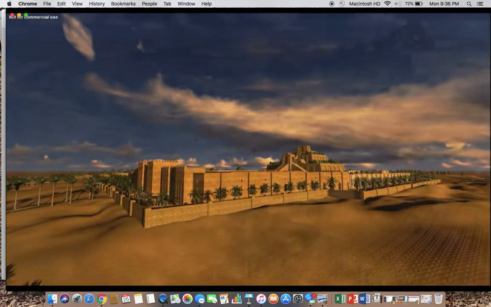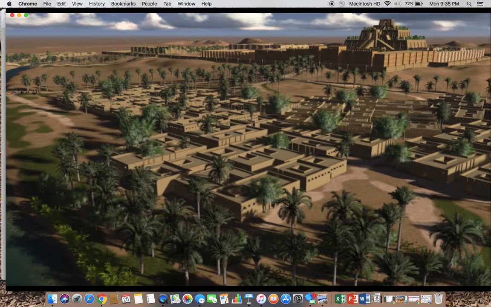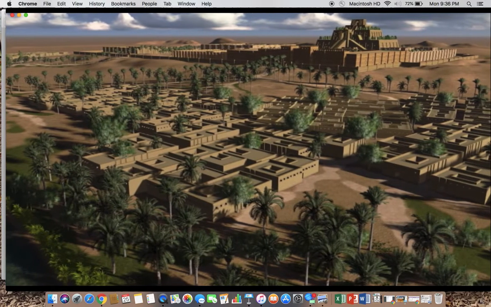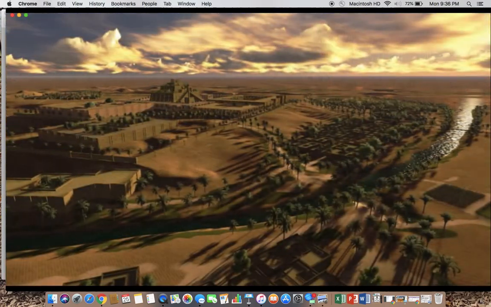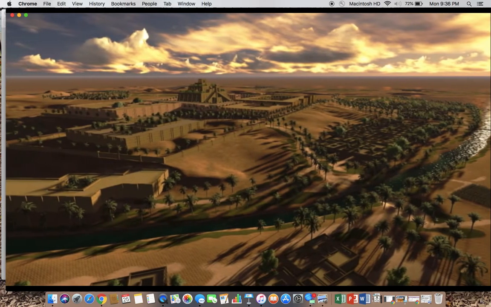Here we're approaching the temple. These are where people would live, small one-story dwellings that were only a couple of rooms.